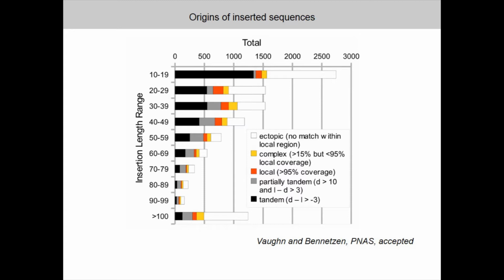And then we also have partially tandem. This includes the DNA right next to the site, but also some type of filler DNA. And then, of course, the local that I described. And then finally, these white bars represent DNA that we couldn't track down. It may have come from somewhere else in the genome or just randomly ordered DNA.